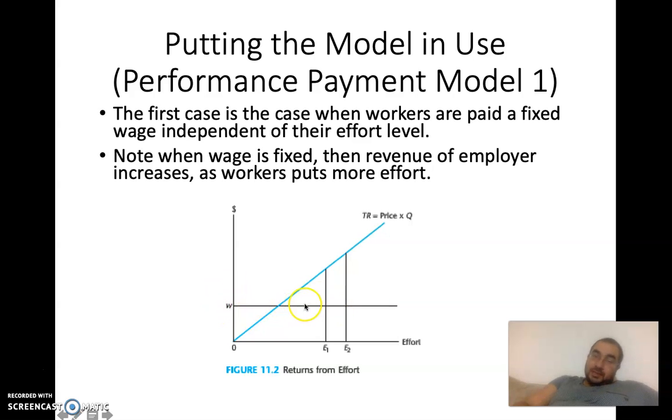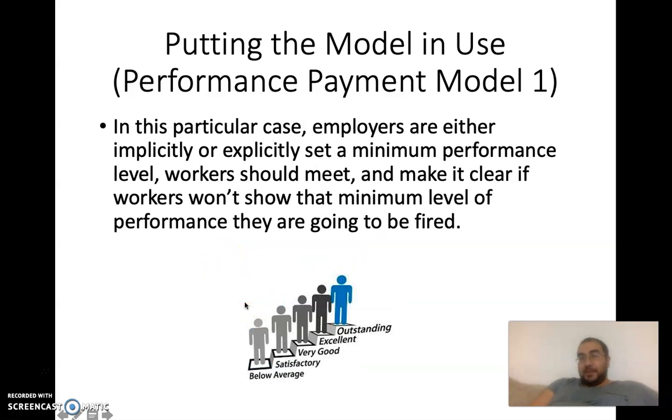In that case, this rectangle will become the wage paid to the worker, and this area above V, below the price, is the profit of the company.